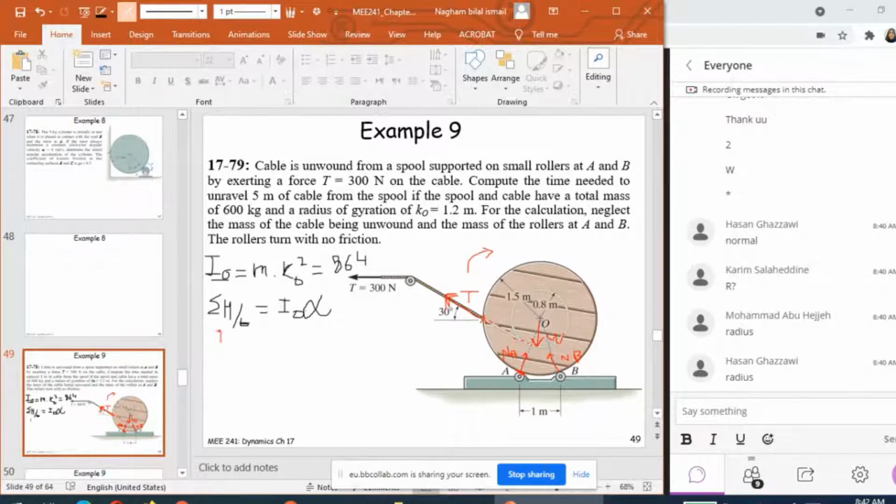So T times 0.8 is equal to 864 times alpha. Since I know T is 300 Newton, why did I start with this equation? Because I know IO. So let's see if I can find anything from this equation. Yes, I can find alpha. All right, so alpha is 0.27 radians per second squared.